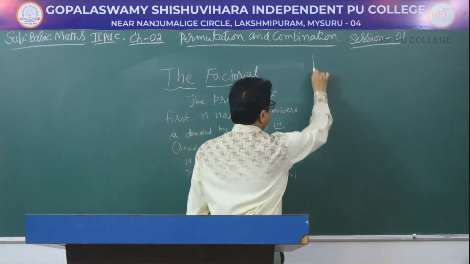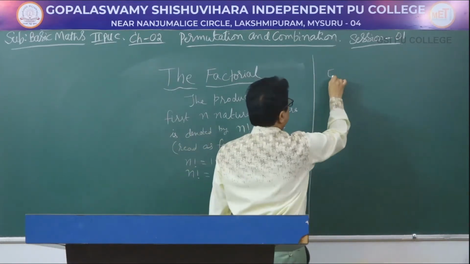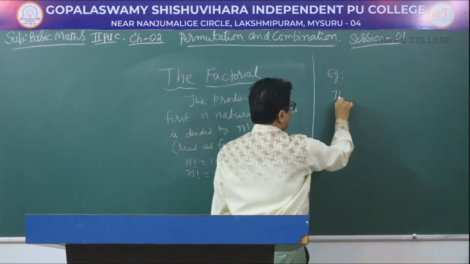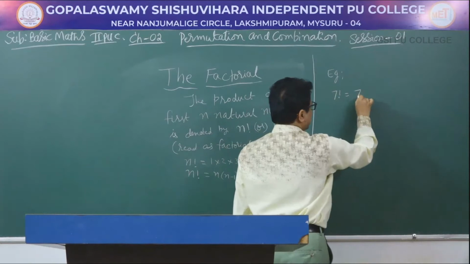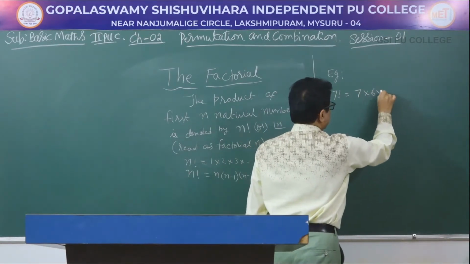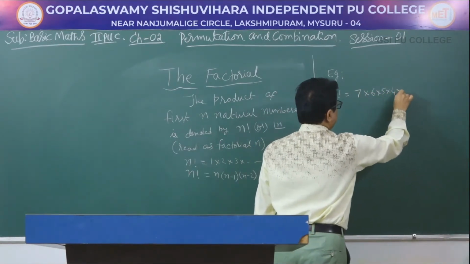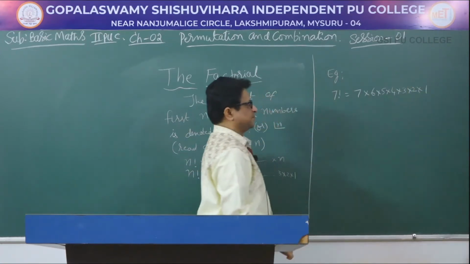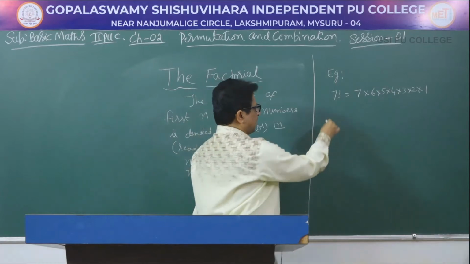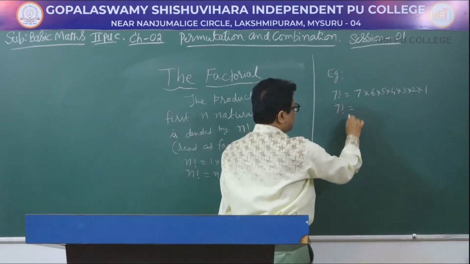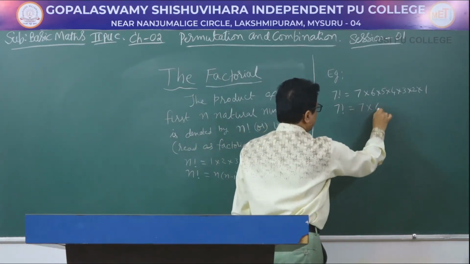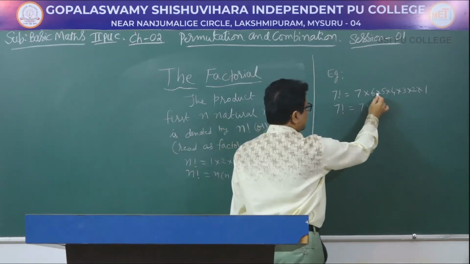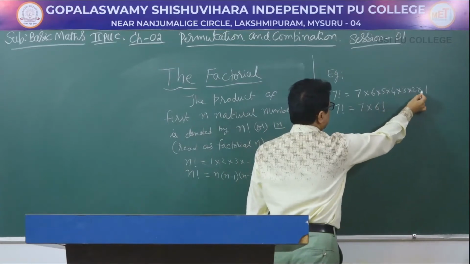For example, 7 factorial can be written as 7 into 6 into 5 into 4 into 3 into 2 into 1. This 7 factorial can also be written as 7 into 6 factorial, because 6 factorial is nothing but 6 into 5 into 4 into 3 into 2 into 1.